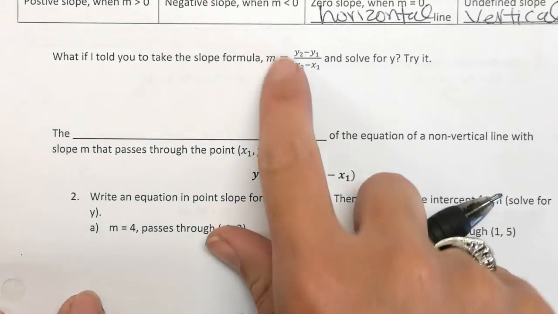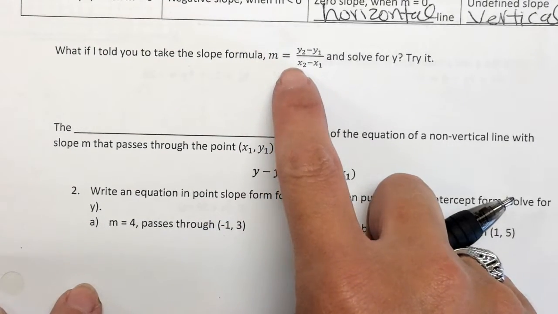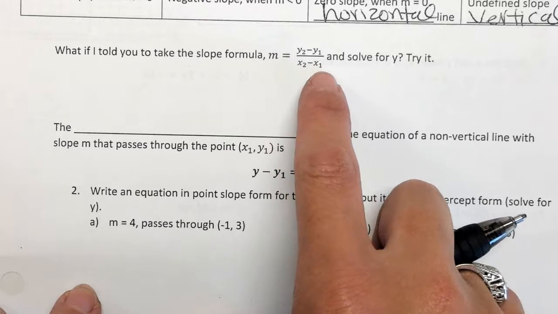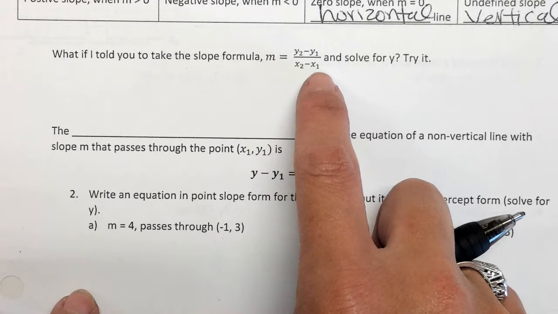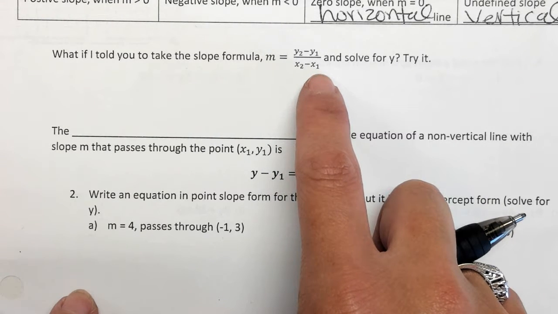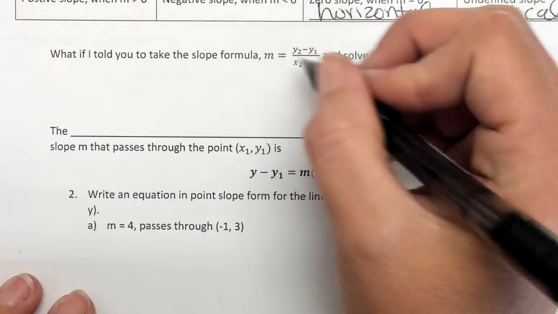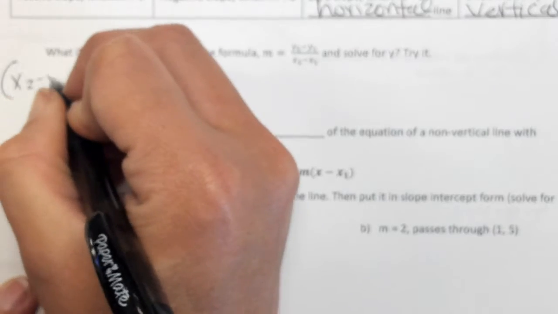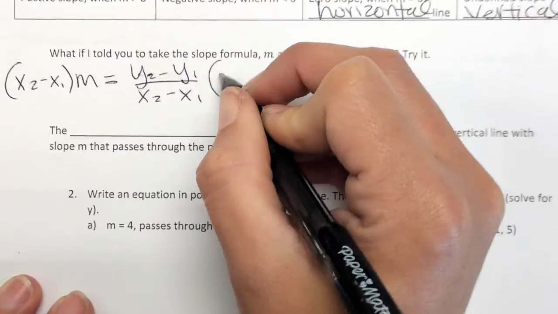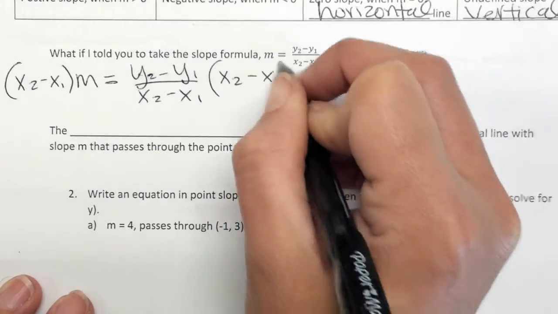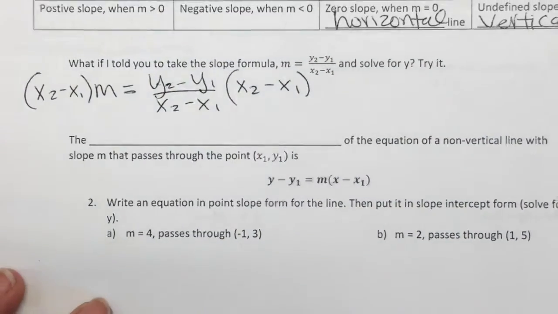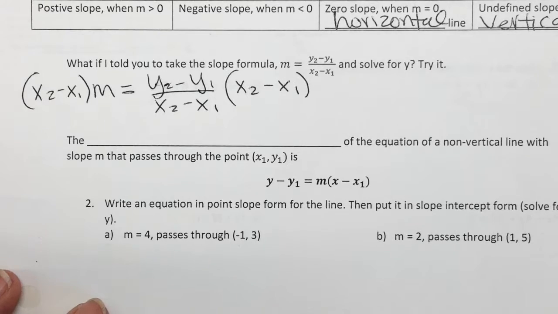What if I told you to take this formula, which is the slope formula, the one we just used, and solve for y? How would you solve for y? Good. Multiply everything by x2 minus x1. So let me write it down like this. I just wrote the same thing, except this time I'm multiplying both sides by x2 minus x1.